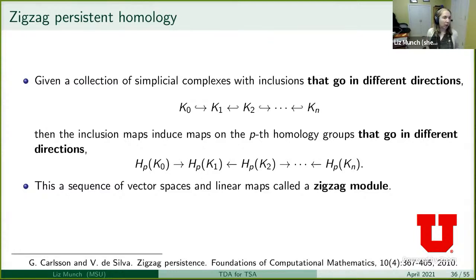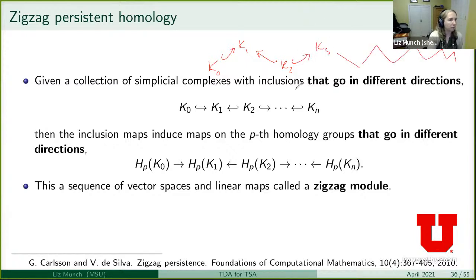What I can do is give you a sequence of simplicial complexes where inclusions are now allowed to go either direction. The zigzag part of this is that very often you'll draw these pictures as K0 included into K1, and K2 included into K1, and then K2 included into K3, and you get these zigzaggy patterns.